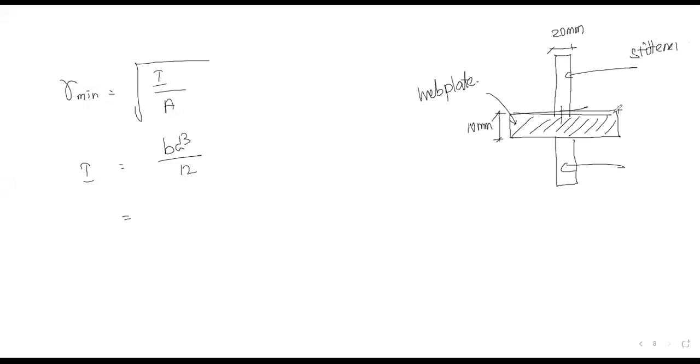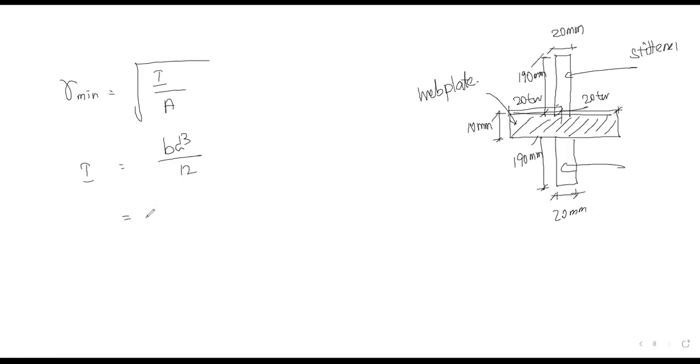This distance is nothing but 20 times TW, and this is what we have designed, 190 mm by 20 mm. Therefore we have to calculate the I value for this component. BD cube by 12 is the common formula we are going to use.